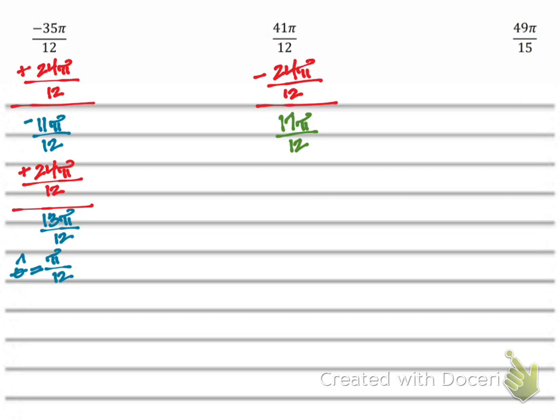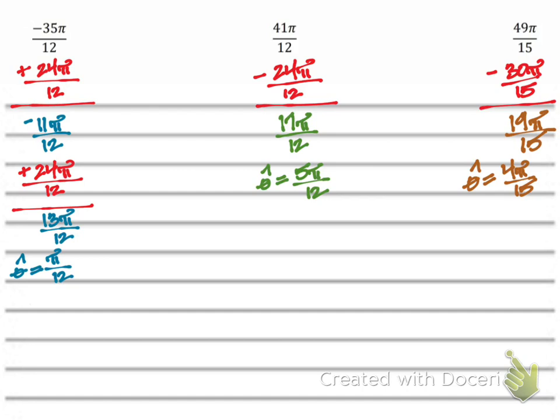I know that pi is 12 pi over 12, so my reference angle, or theta hat, is 5 pi over 12. And the last one here, 49 pi over 15, is more than 2 pi, so I'm going to take out a rotation, and I get 19 pi over 15, which is 4 pi over 15 more than pi. I hope that makes sense. Let me know if I can help.